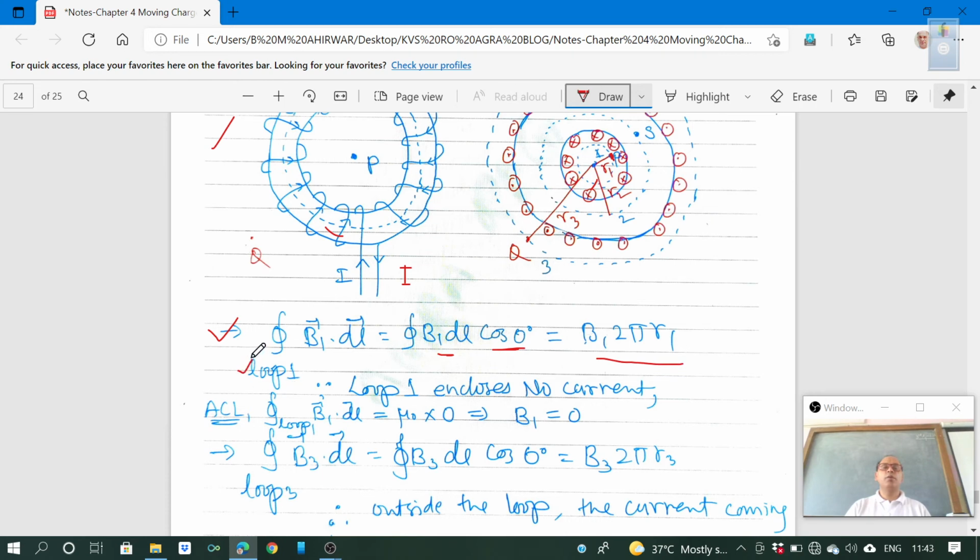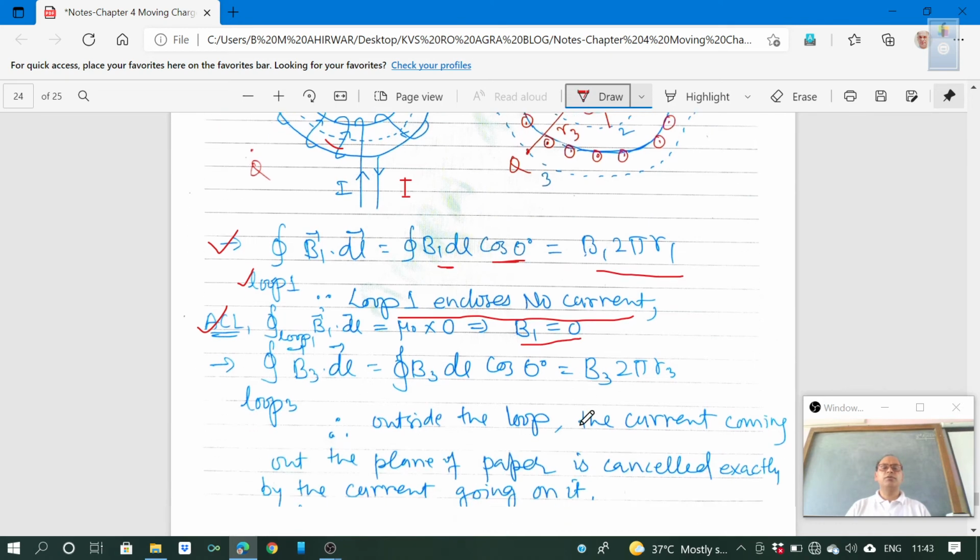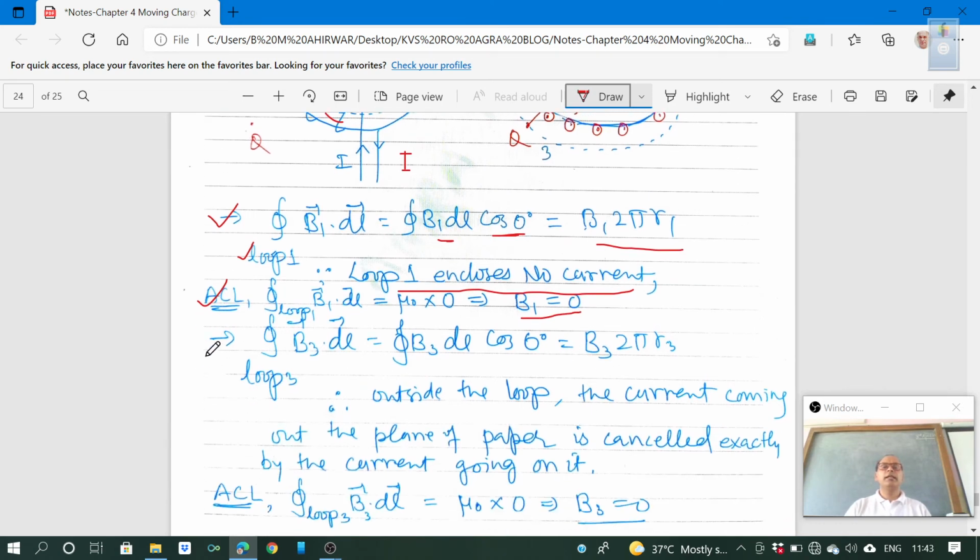This is for loop 1. Since there is no current enclosed by loop 1, according to Ampere's circuital law, the total magnetic field will be 0.